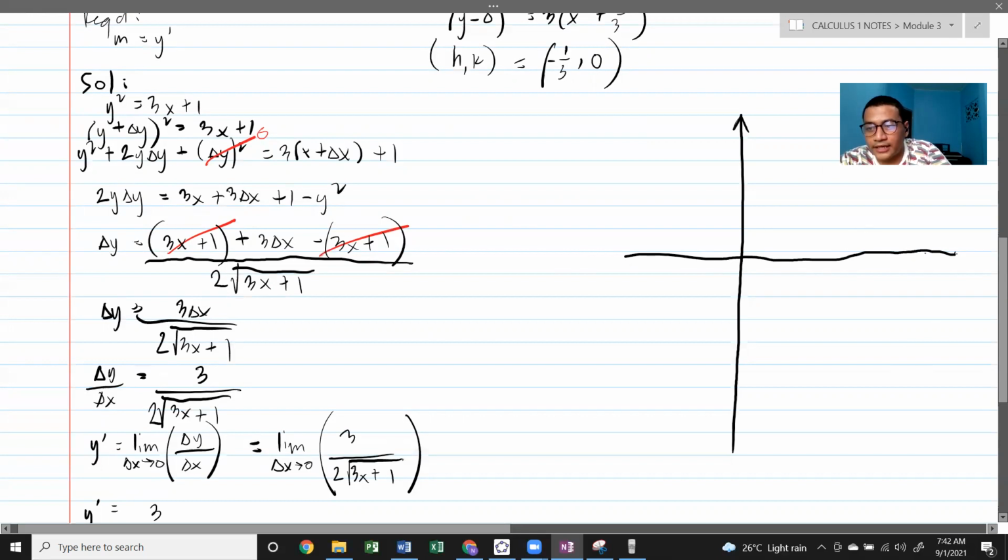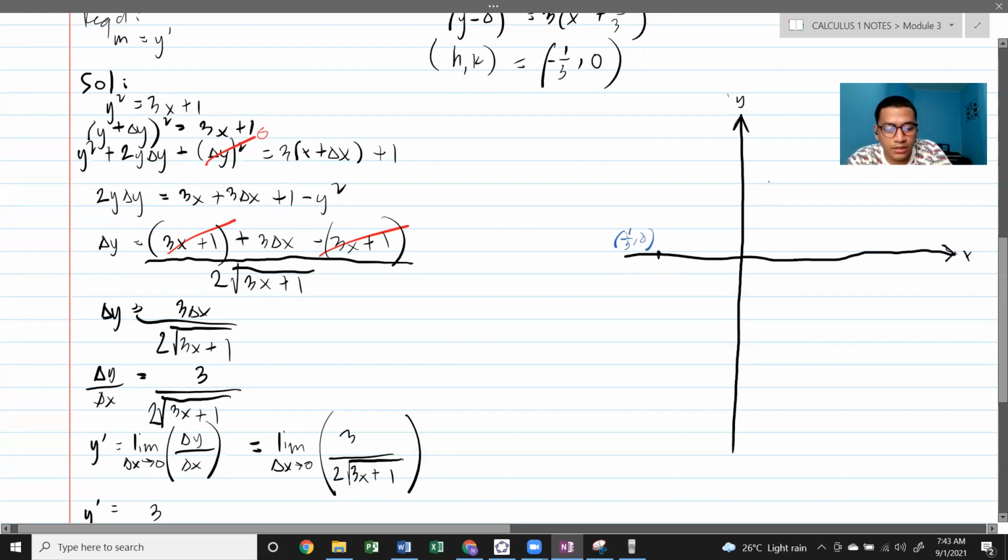Kaliwete ako class, kaya kung napapansin nyo, nagsisimula akong mag-trace from the left. Okay. Now suppose our vertex is over here, and this point is, wait lang, let's say negative 1/3, I'm sorry, negative 1/3 and 0.